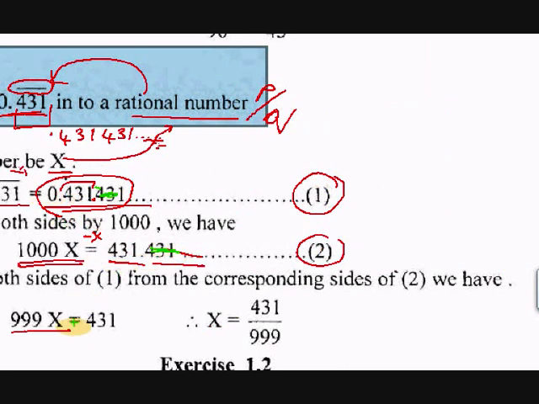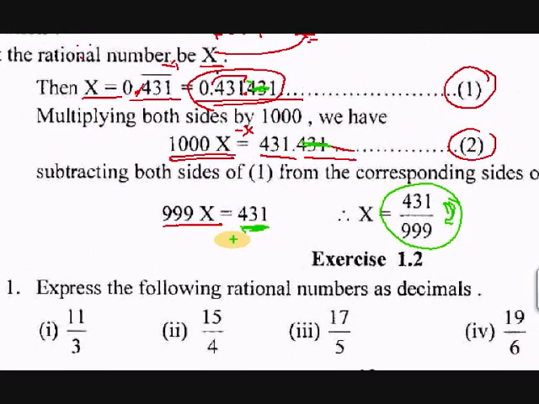What is left is 431. So x equals 431 divided by 999. Since there is no common factor, we cannot simplify it. So this is the rational number.